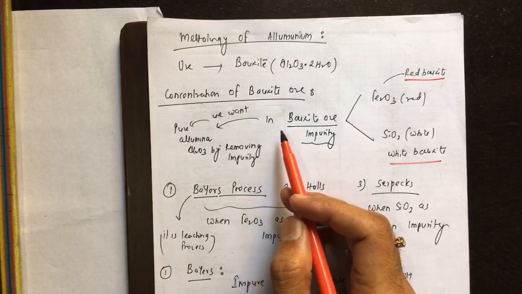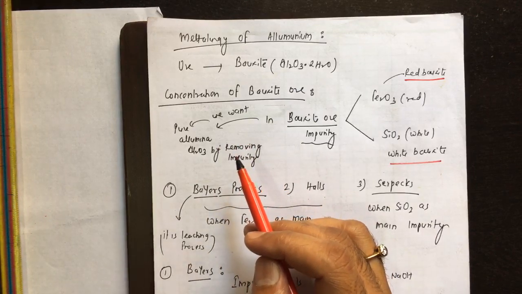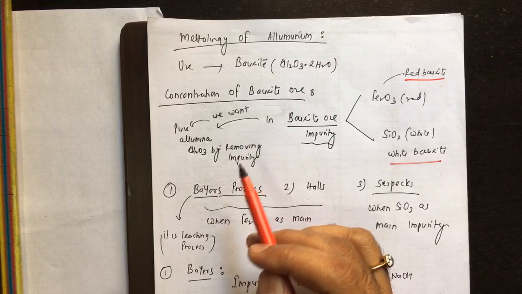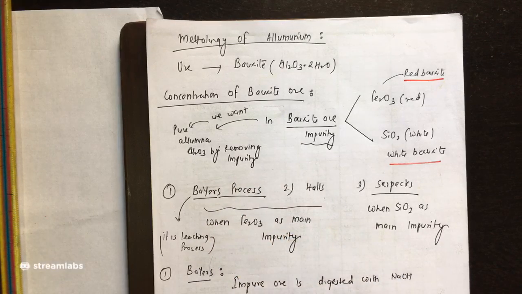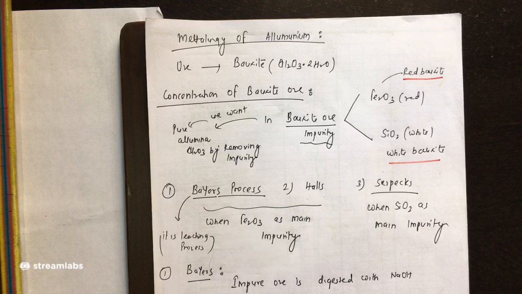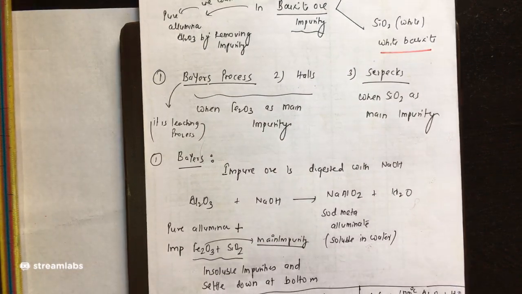And what we want from the bauxite is pure alumina, that is Al2O3, by removing the impurity. You just remove the impurity and get the pure alumina. So we have three processes here. Importantly, they are asked in the examination: Bayer's process, Hall's process, Serpek's process.